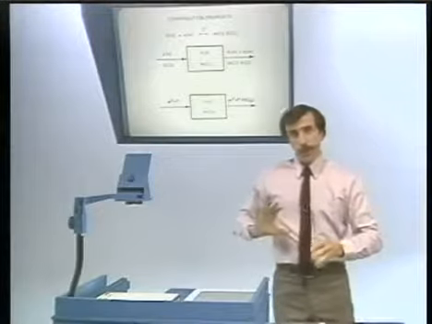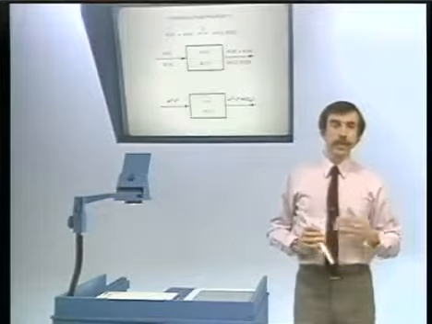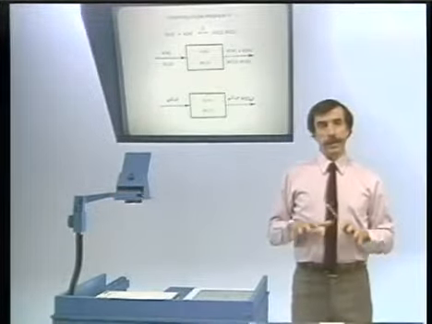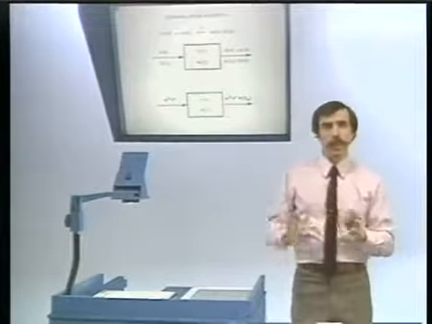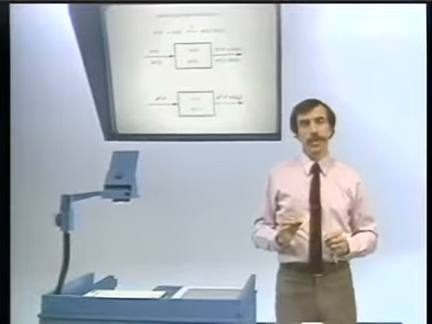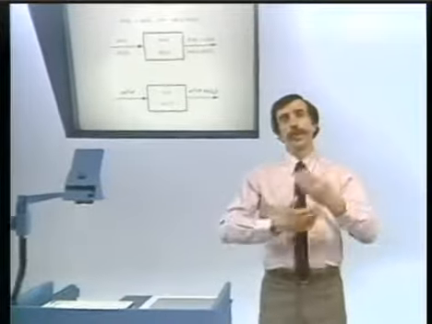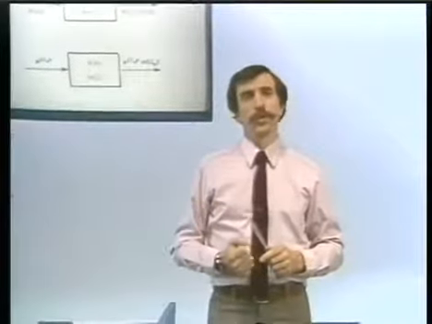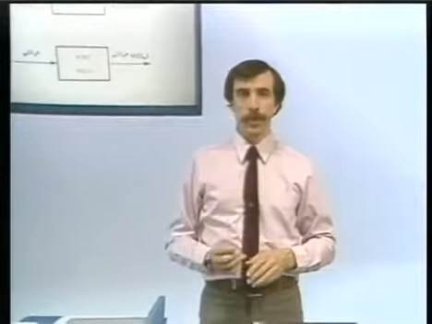Now, we saw exactly the same statement in continuous time. And in fact, we used that frequency response interpretation of the Fourier transform of the impulse response to motivate an intuitive interpretation of the convolution property.